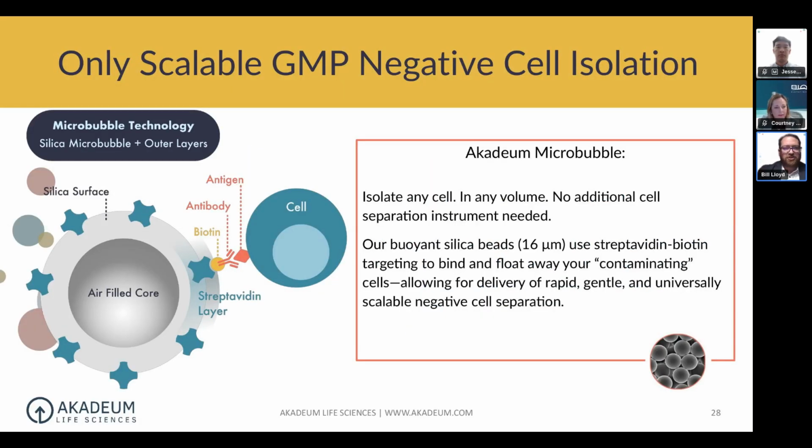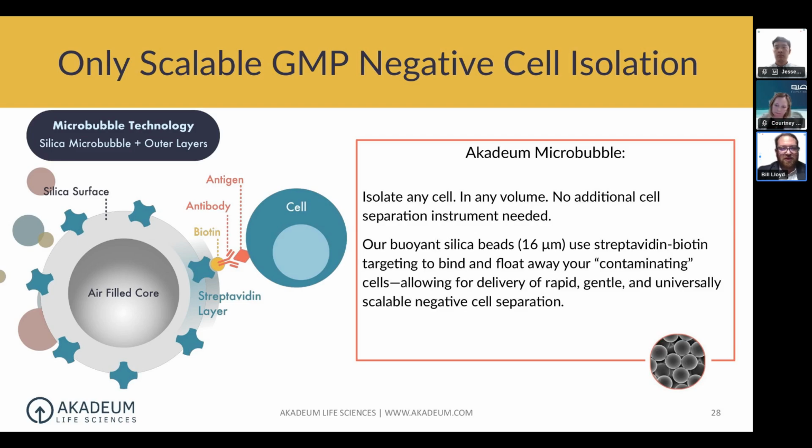But before showing you, I want to emphasize how Acadium achieves the isolation. We start with a silica microsphere, right, or microbubble that has an air-filled core and a silica surface. We then functionalize that with a streptavidin layer.